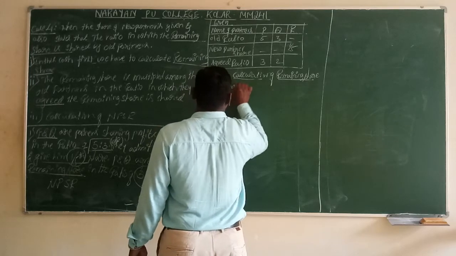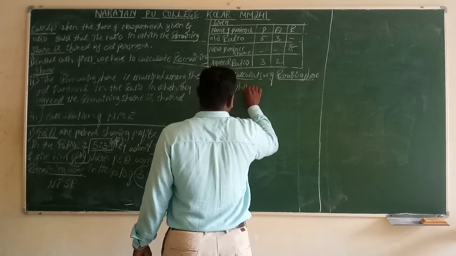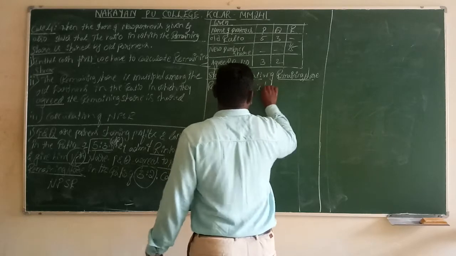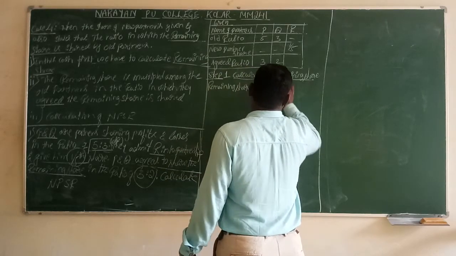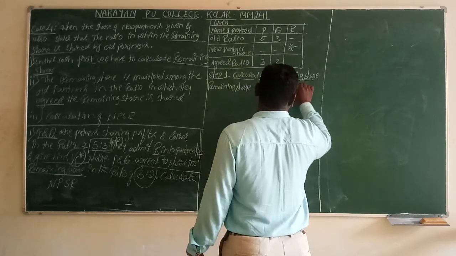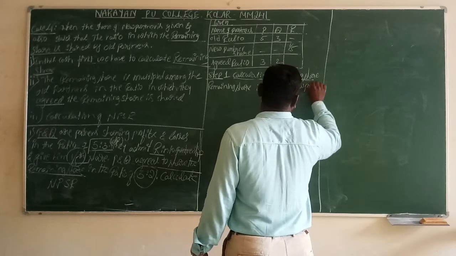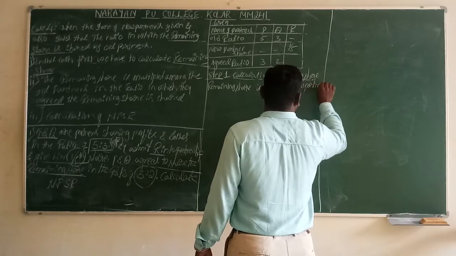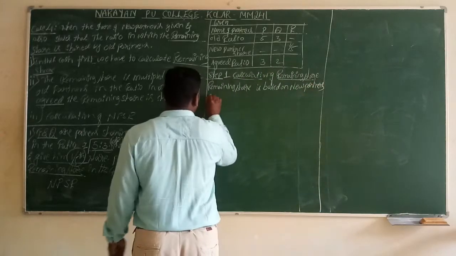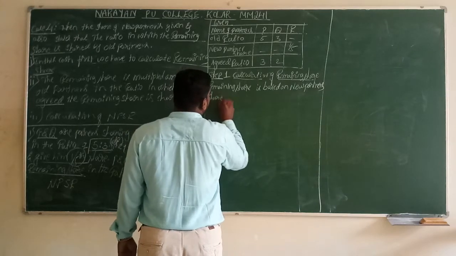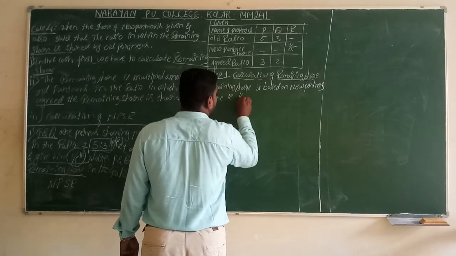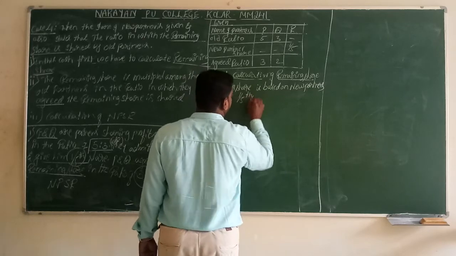The remaining share is based on the new partner share. The new partner share is 1/5 share.